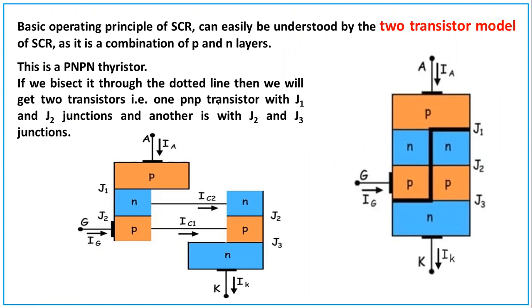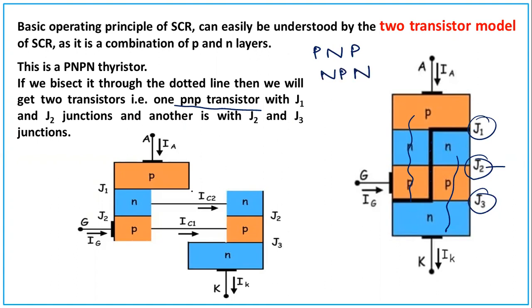If we bisect through the dotted line, we will get two transistors: a PNP transistor and an NPN transistor. One PNP transistor with J1 and J2 junctions, and another NPN with J2 again and J3 junction.